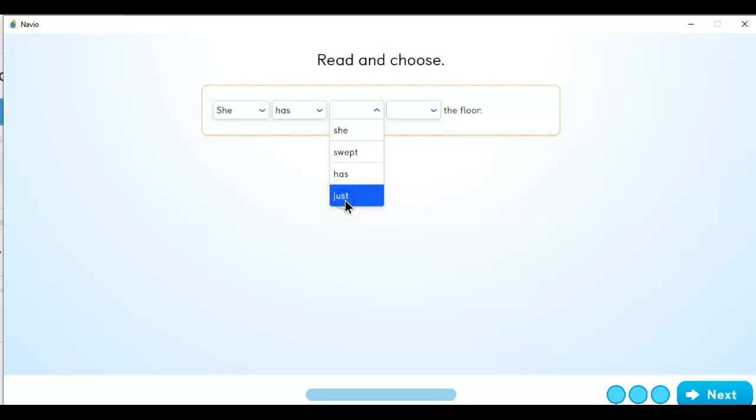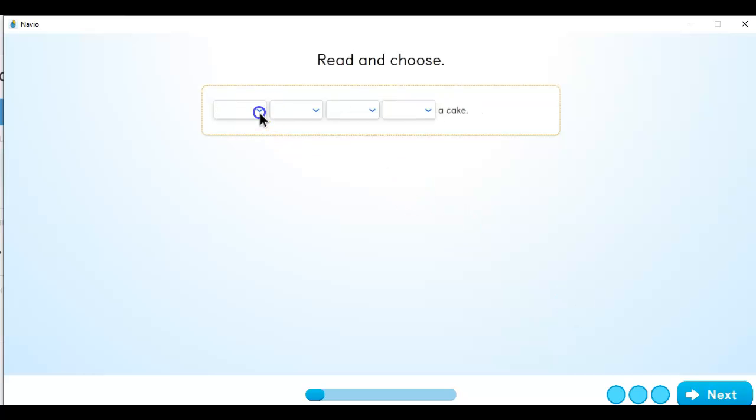So let's write just, and here the main verb, the main action, which is swept. She has just swept the floor. Let's see if it's right. Ooh, lucky me.